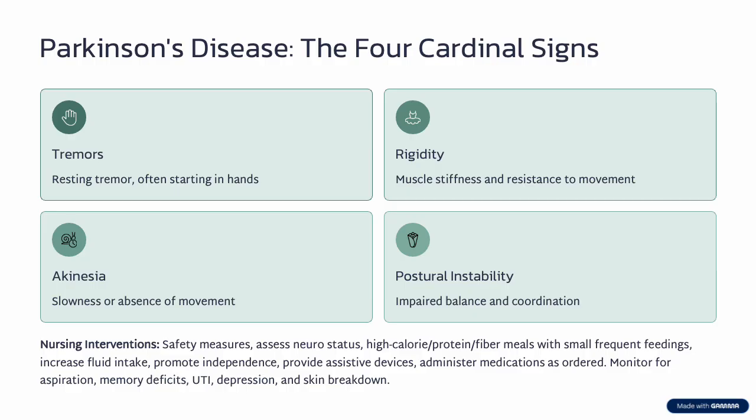So those four cardinal signs for Parkinson's, early on, may actually be stiffness and rigidity. But then there's a pill rolling tremor, a circular movement of the fingers and the wrist, like you're manipulating a small object or a pill within your palm, in one or both of your hands.